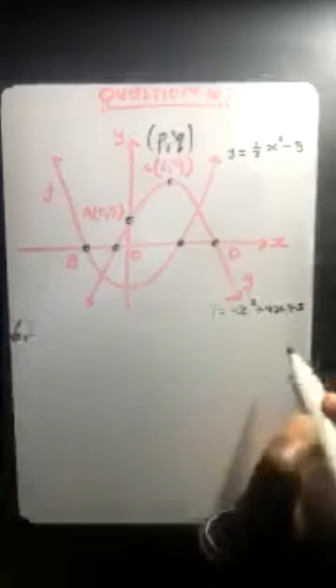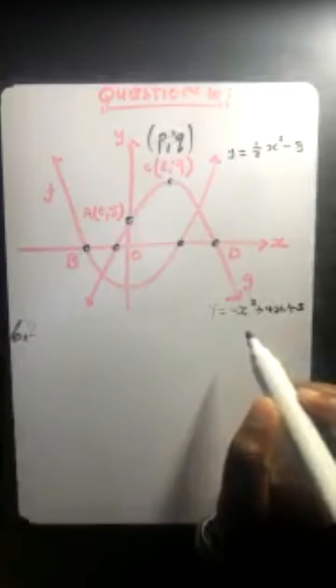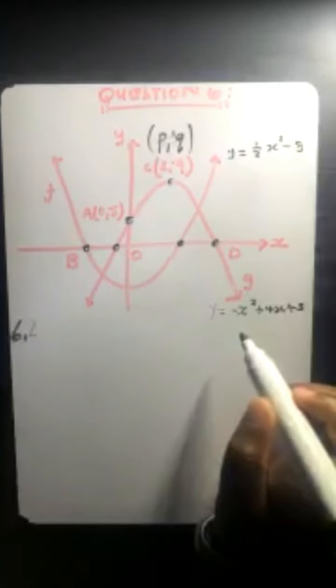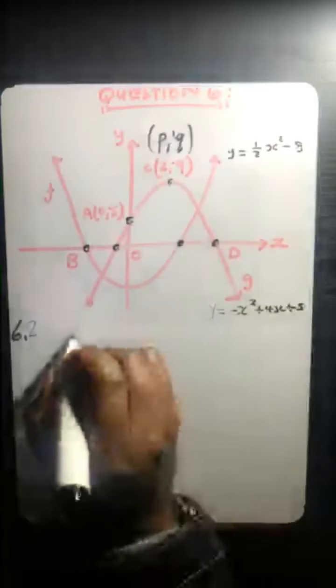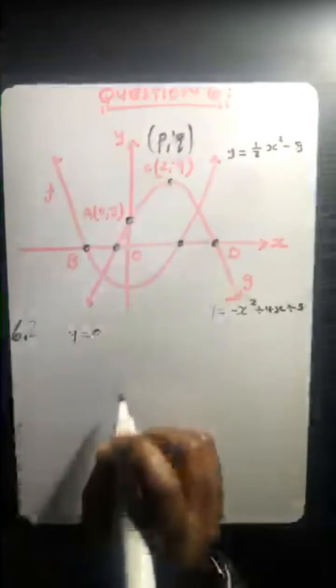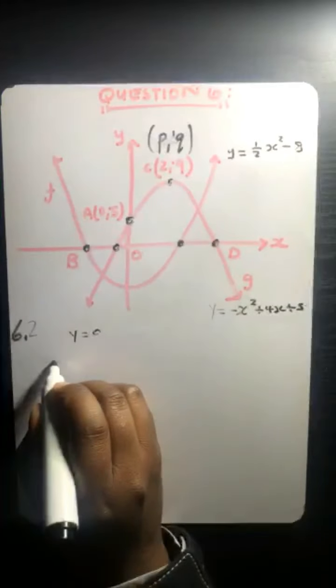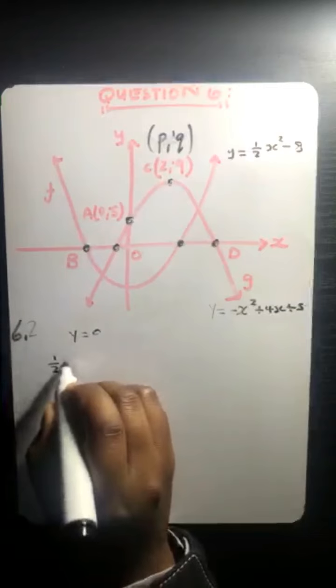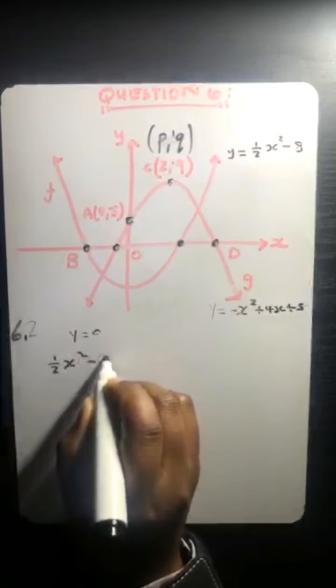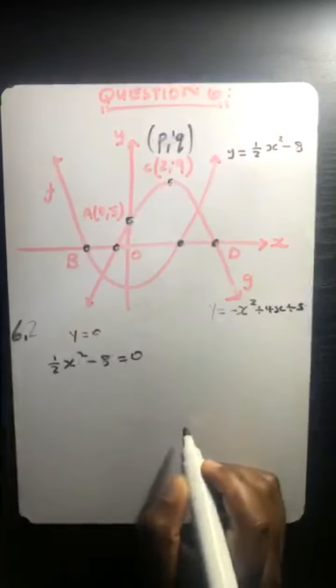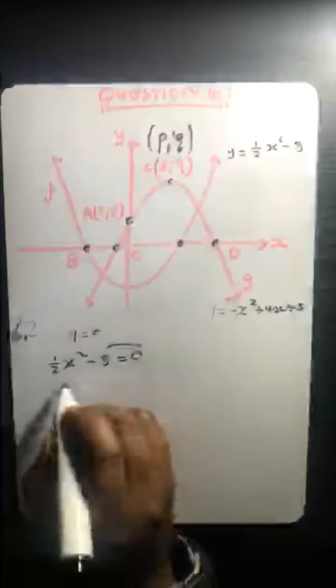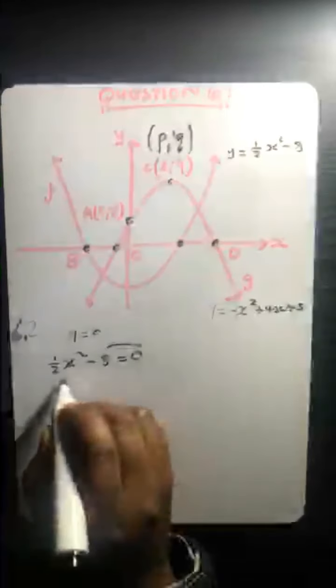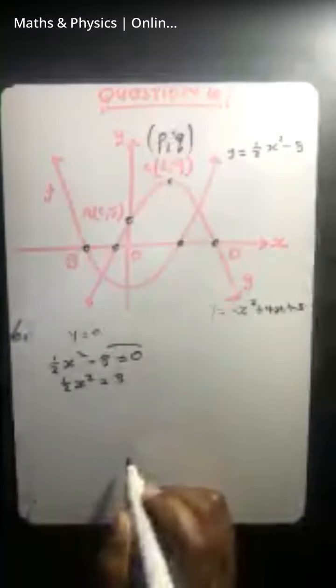Okay, maybe let's try to find the x-intercepts of F. We know that at the x-intercepts, that's where y is equal to 0. So that means we have half x squared minus 8 equal to 0. Then we just solve. Maybe we can transpose. Then we have half x squared equal to positive 8.